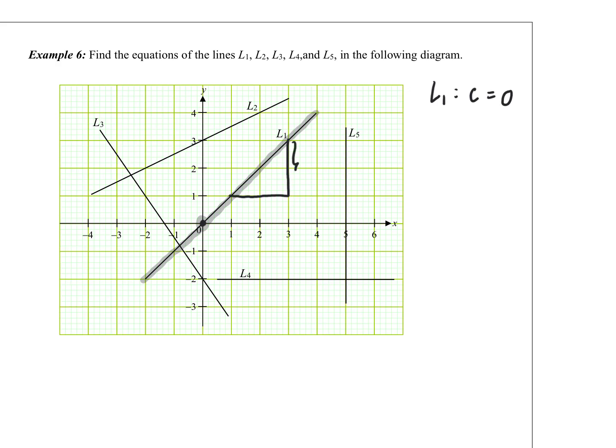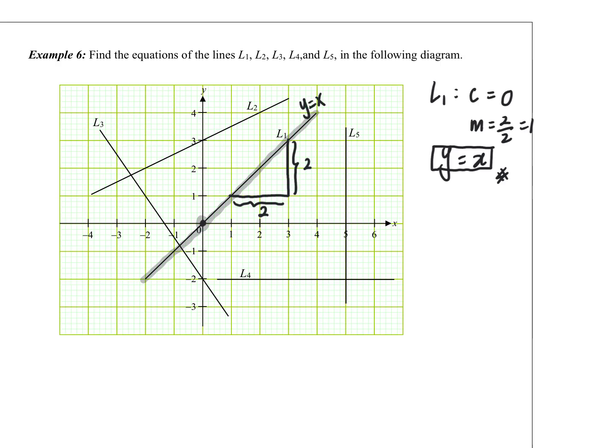So the rise is 2 units. The run is 2 units. So gradient is 1. So y equals 1x plus 0. So actually it's just y equals x. So this is the equation of line 1. Done.